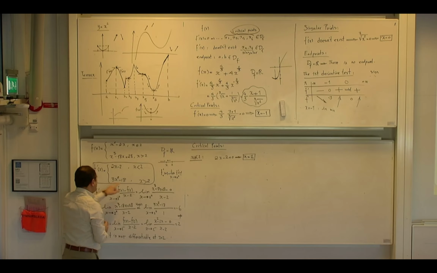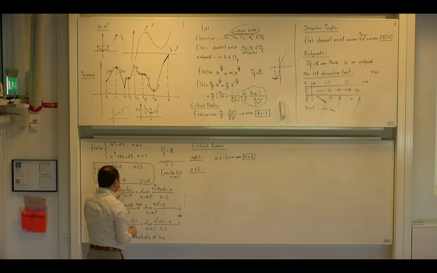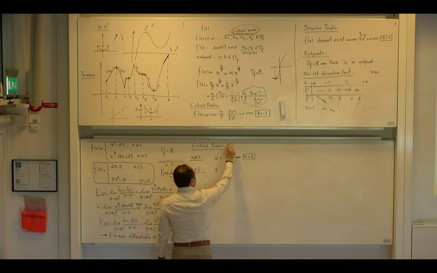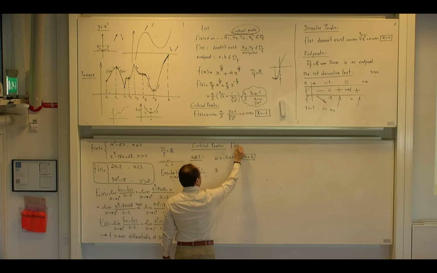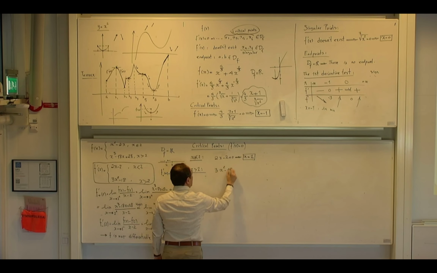But there is another scenario here. If x is greater than 2, then I have to put this rule equal to 0. Critical points, let me write it here for you. Critical points means the derivative is equal to 0. So this means that 3x squared minus 18 is equal to 0.